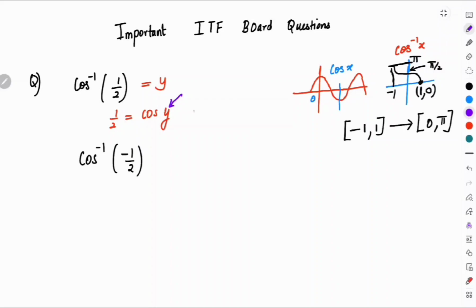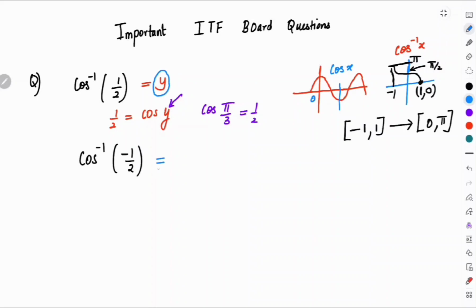So for what value of y, which is the theta or the radian value, some real number, do you get half as the output? Cos of pi by 3 is equal to half. So our answer is pi by 3.